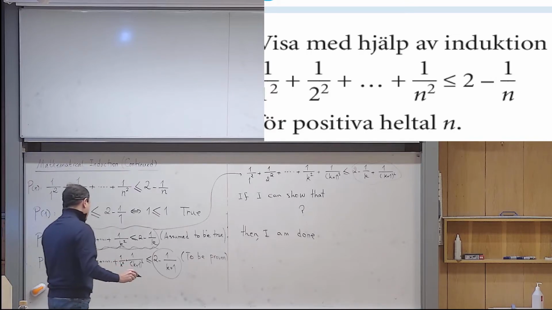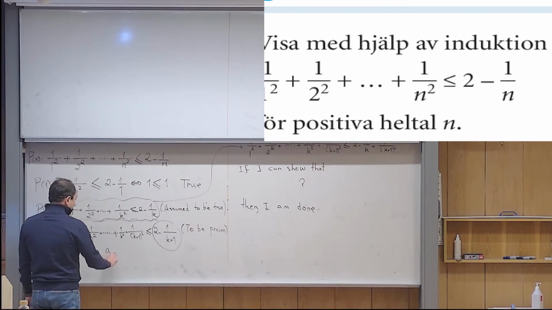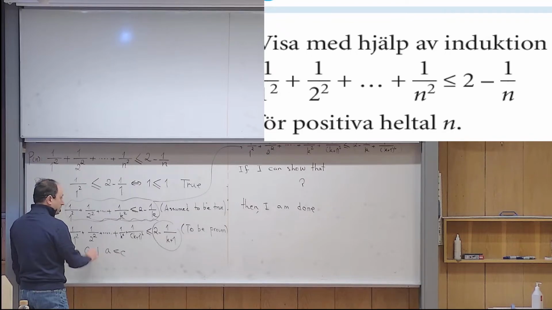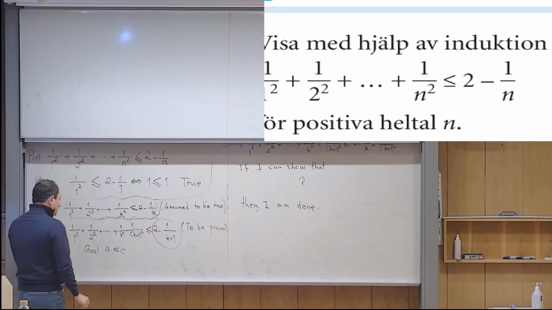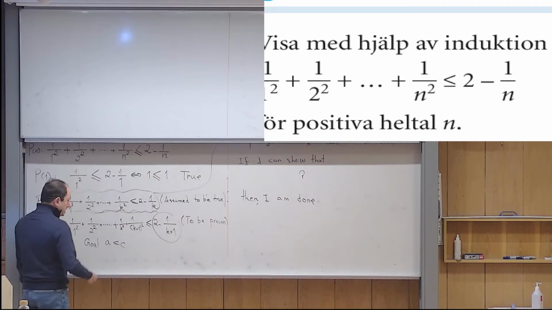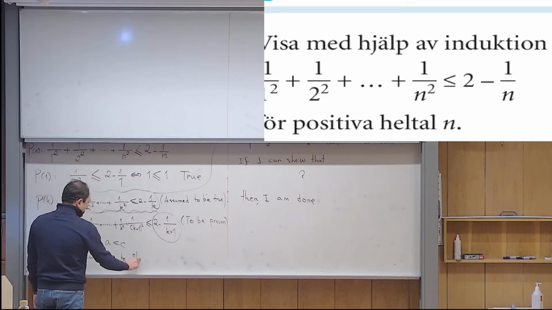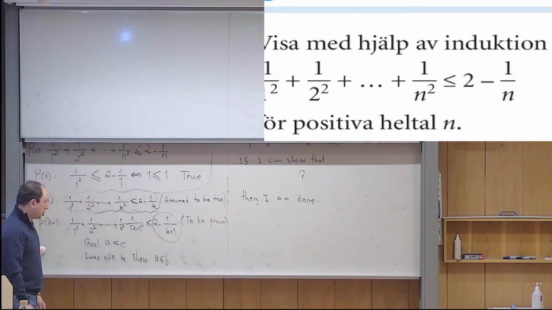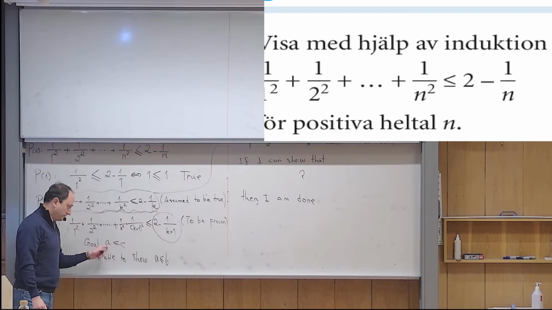Let me write it like this, because this is extremely simple, yes? I want to show that A is less than or equal to C. This is my goal. Forget about these details. I could not do that, but instead I was able to show A is less than or equal to B. My goal is this, but I couldn't do it.